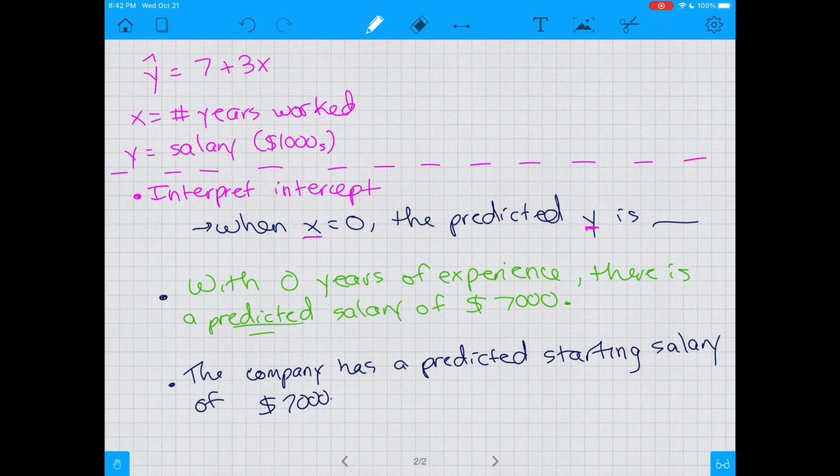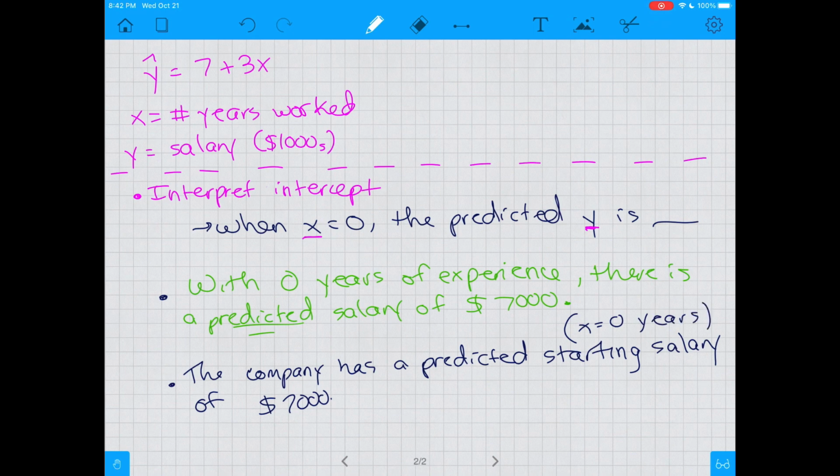X equals 0. I like the answer in green a little bit better just because it will check all of the boxes. And with my answer in blue, I would still write starting salary, parentheses, x equals 0 years.